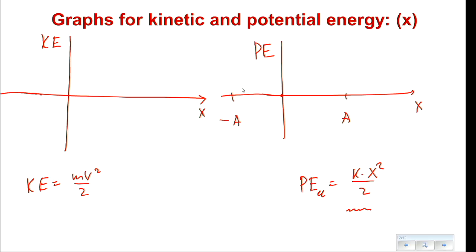When x is 0, x squared is 0. When x reaches maximum, energy reaches maximum. So a parabola. This is elastic potential energy maximum. And it should be equal to ka squared over 2.